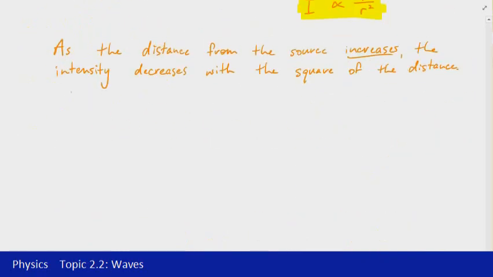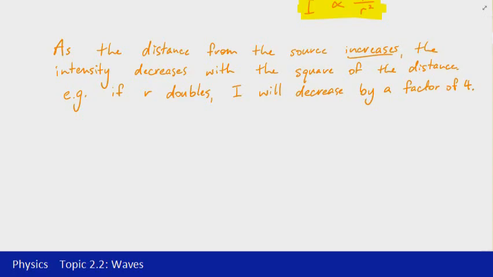So, as an example, if r doubles, so in other words r is increasing by a factor of 2, I will decrease by a factor of 4. So whatever the increase in r, I will decrease by the square of that factor.